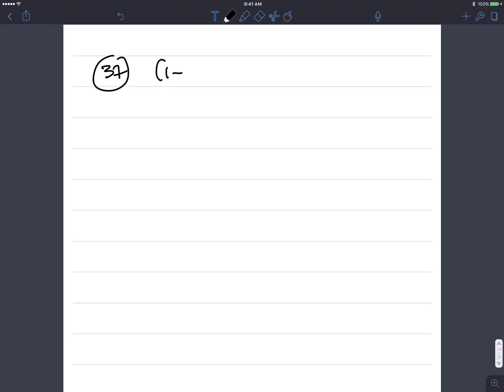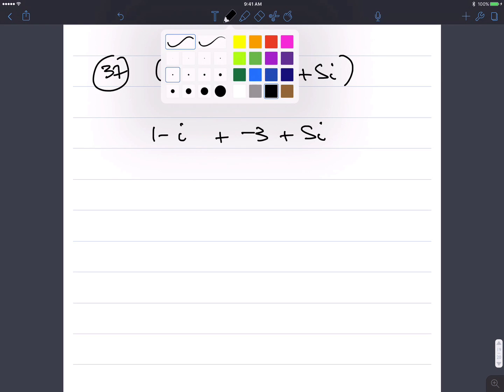37. 1 minus I plus -3 plus 5I. Now we're adding here two complex numbers. We can get rid of the parentheses and just look at it as 1 minus I plus a -3 plus a 5I. We're going to identify the terms that are like.